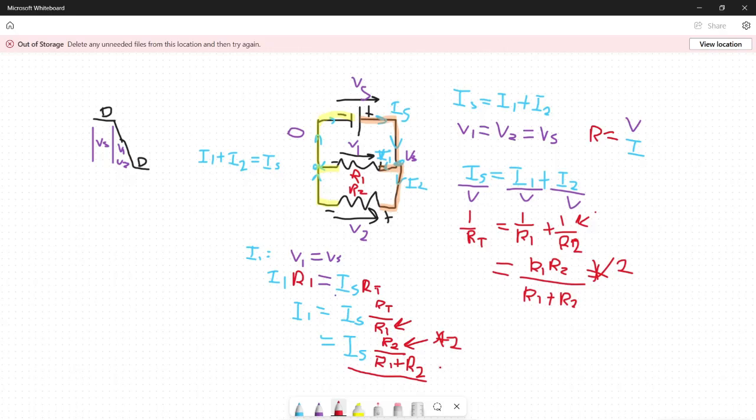But in the majority of cases in question papers, they ask you to calculate RT first, or you had to use RT in a previous question, and then you will always use the other formula. Always use that formula, because it is faster and it's less likely to mess up.